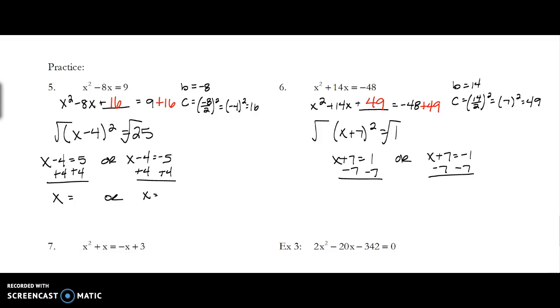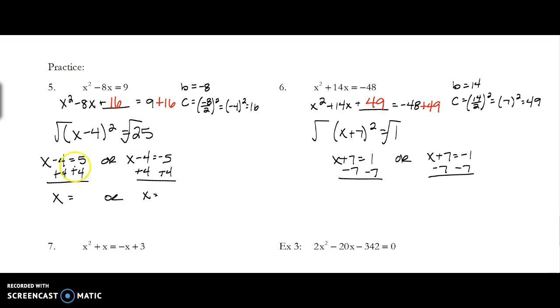All right, in problem number 5, we just left that space open here. When we solved for that C value to complete the square here on the left-hand side, what we would have is 16. So remember, what we do to one side by adding 16, we have to do to the other. So our answer would be our perfect square binomial, the quantity of x minus 4 squared equals 25.